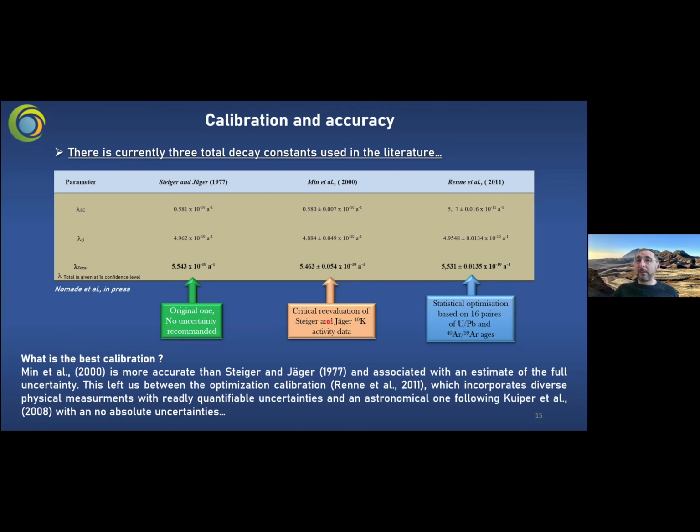The other one is based on astronomical correlation following Kuiper et al., which I will talk about a little bit later. But there is no absolute uncertainty on that one. Okay, so I will not choose. It's a question of what you want to do. You want to be independent or not of astrochronology.